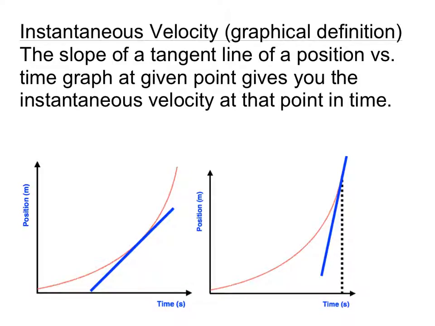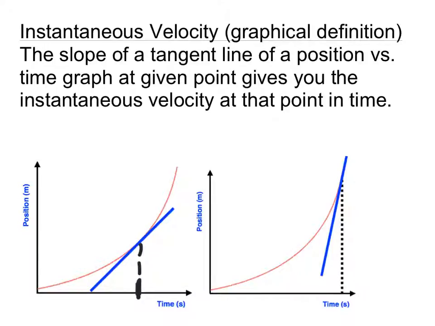All right, so I'll start this one like last time, reminding you of the graphical definition of instantaneous velocity. The slope of a tangent line of a position versus time graph at a given point gives you the instantaneous velocity at that point in time. So if I find the slope of this blue line at this point in time, where I'm drawing this black mark, that would tell me how fast that object is going here.